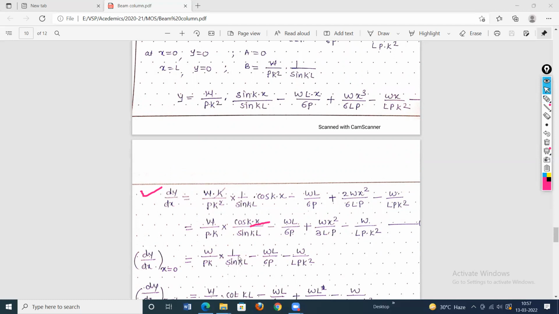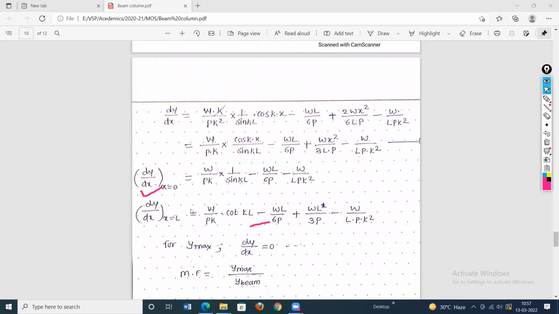At support A, what will be the slope? In this equation, just substitute X equal to 0, and at A the slope will be given by this term.